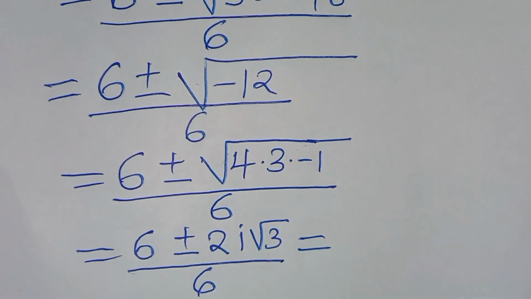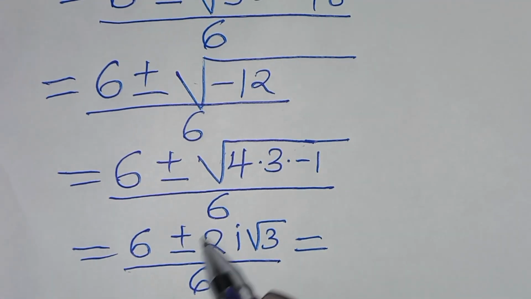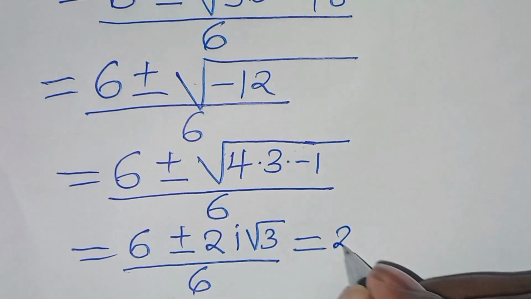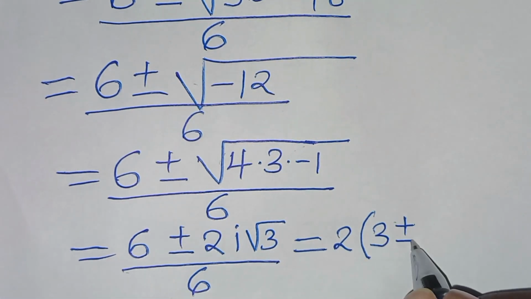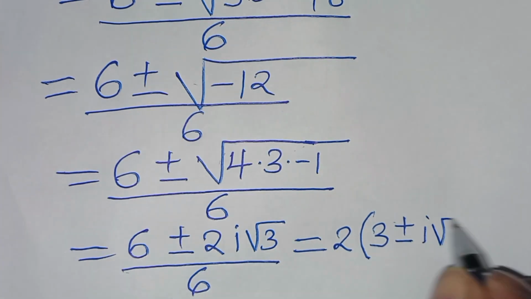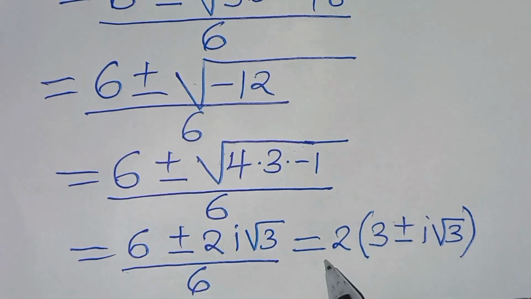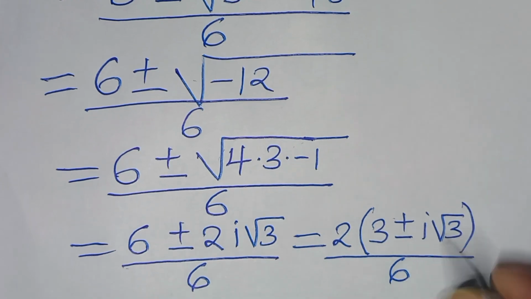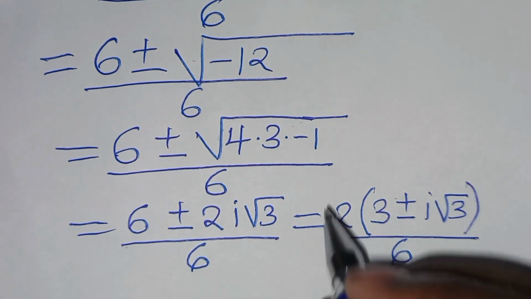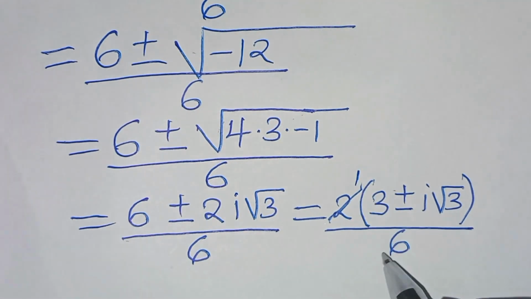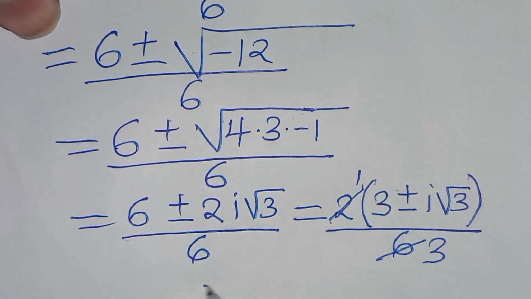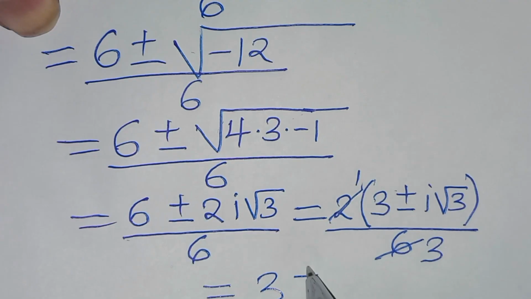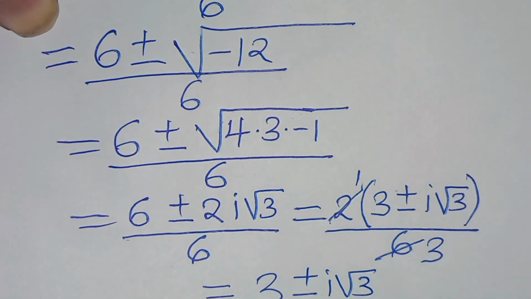The next step from here, we can factor out 2. 2 is common here, so that we have here 3 plus or minus i square root of 3, then divided by 6. So that now, if you simplify by 2, 6 divided by 2, this is 3. So that now, here we have 3 plus or minus i square root of 3 divided by 3.